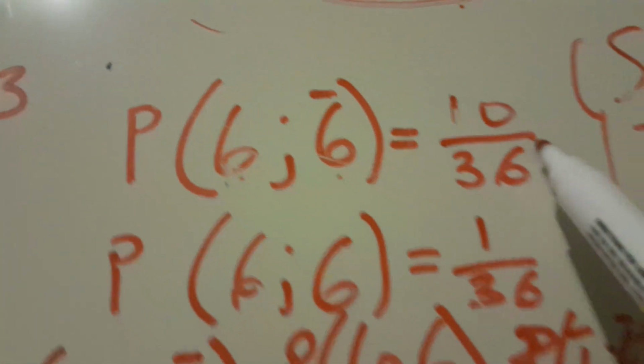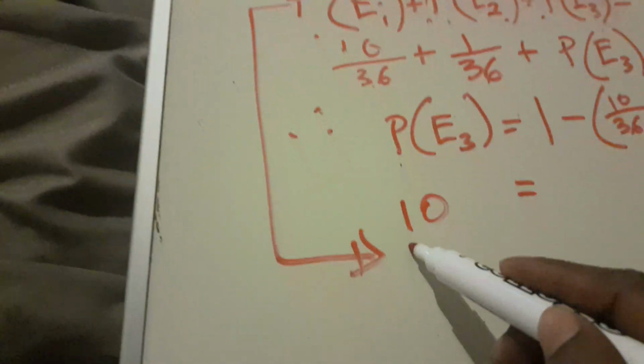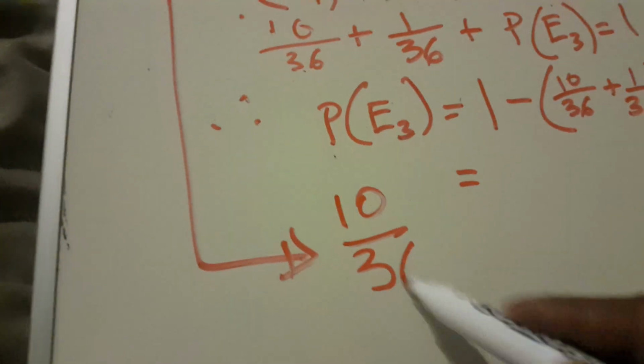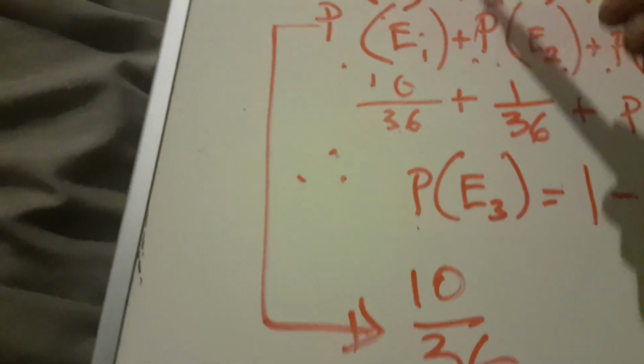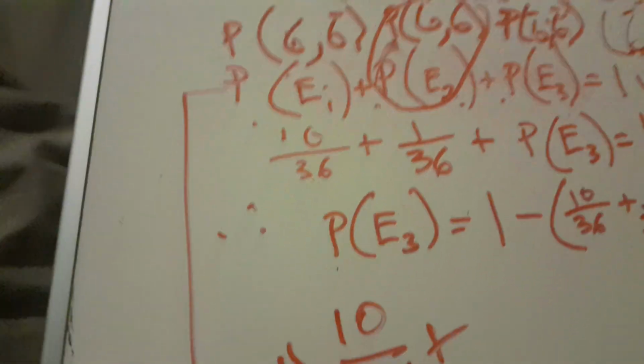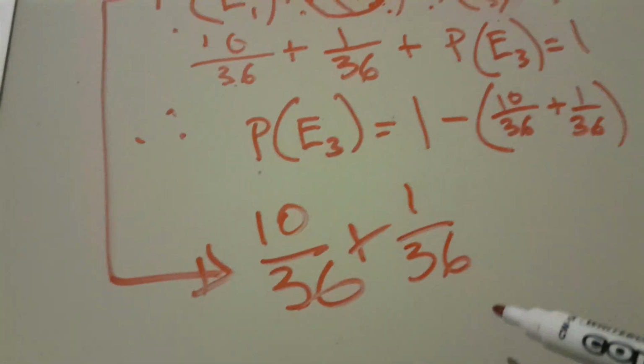From here, I am given that the probability of getting a 6 and not a 6 is 10 out of 36. This one here is given as 1 out of 36.